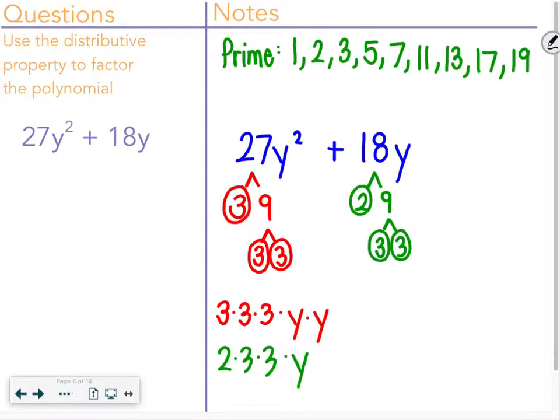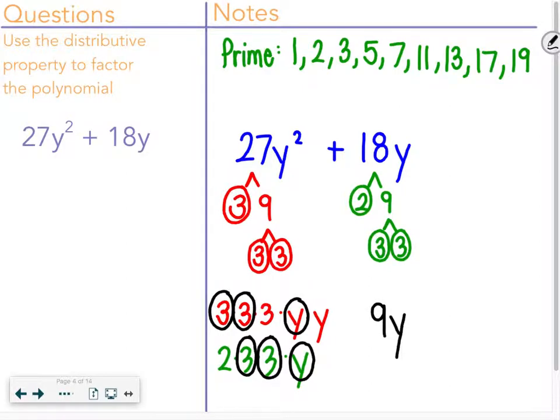Right, let's circle what's in common. We have a 3 in both. We have another 3 in both. And we have a y. So now since I have two 3's and a y for my GCF, I need to multiply those two 3's together. So it's going to be 9y, because 3 times 3 is 9, and then we have that y.